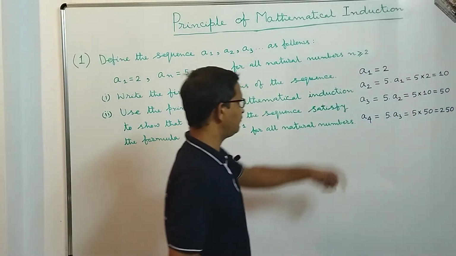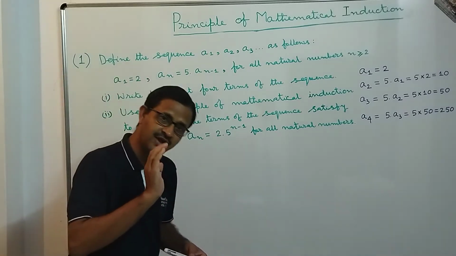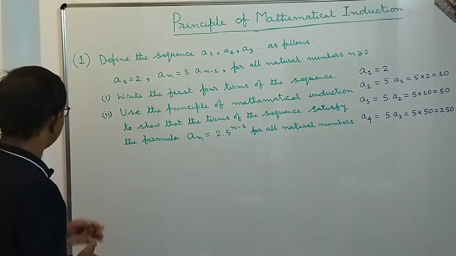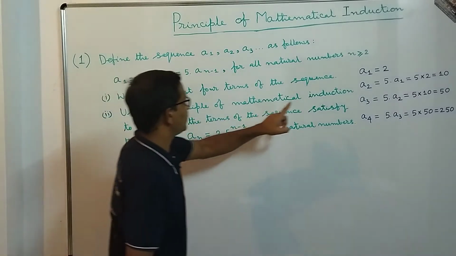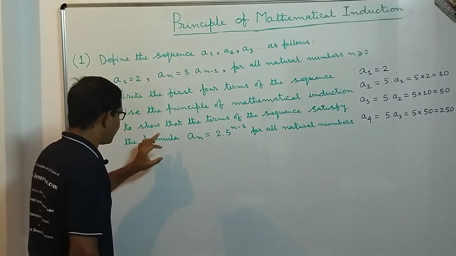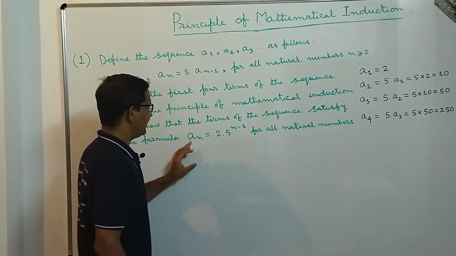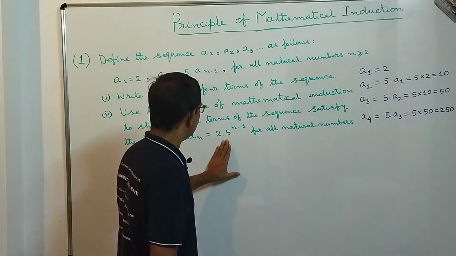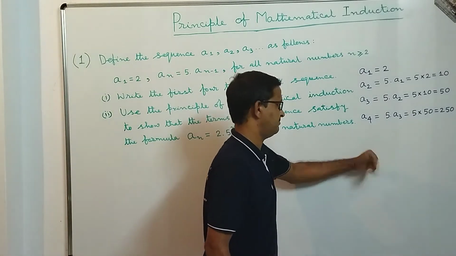So this is the way we find the values of the first 4 terms, that is A1, A2, A3 and A4. Now let's look into the second part of the question. Use the principle of mathematical induction to show that the terms of the sequence satisfy the formula An equal to 2 into 5 to the power n minus 1 for all natural numbers.